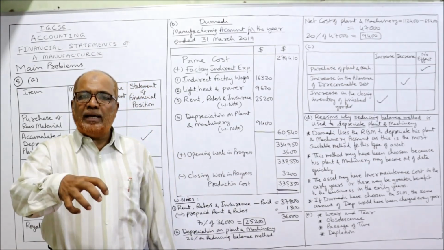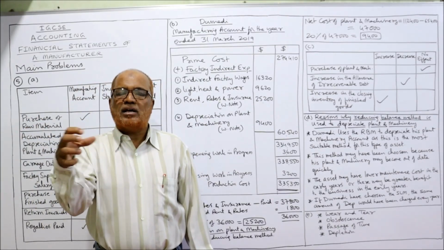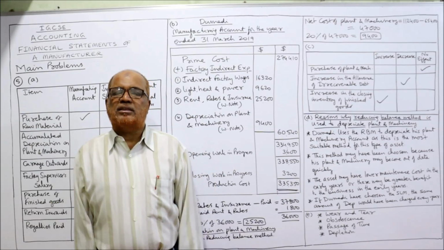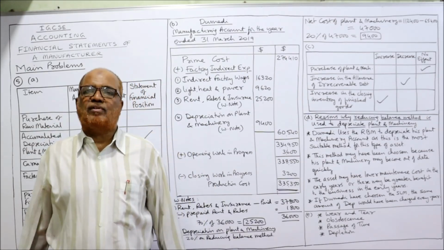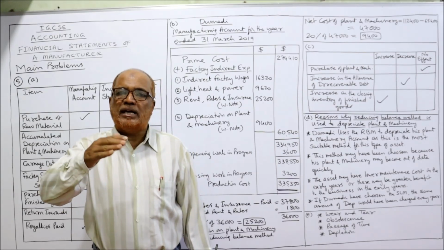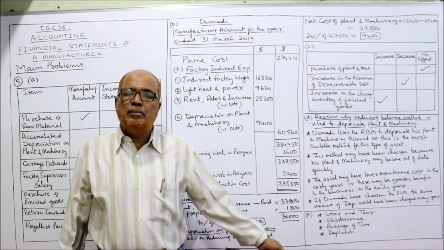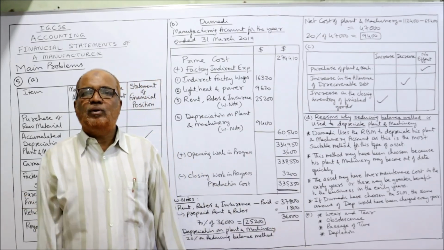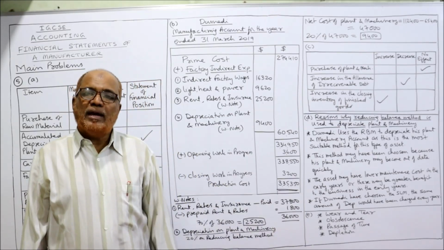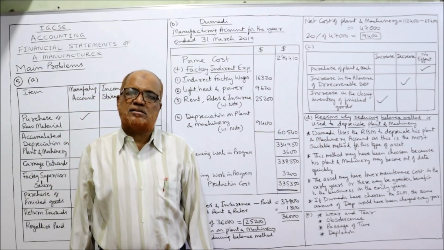Example, when oil is extracted from the oil field, when stones or coal are extracted from the earth, depletion will be used. Because we go on extracting the resources, its value will decrease. That is called depletion. So these are a few reasons why we provide depreciation on non-current assets.